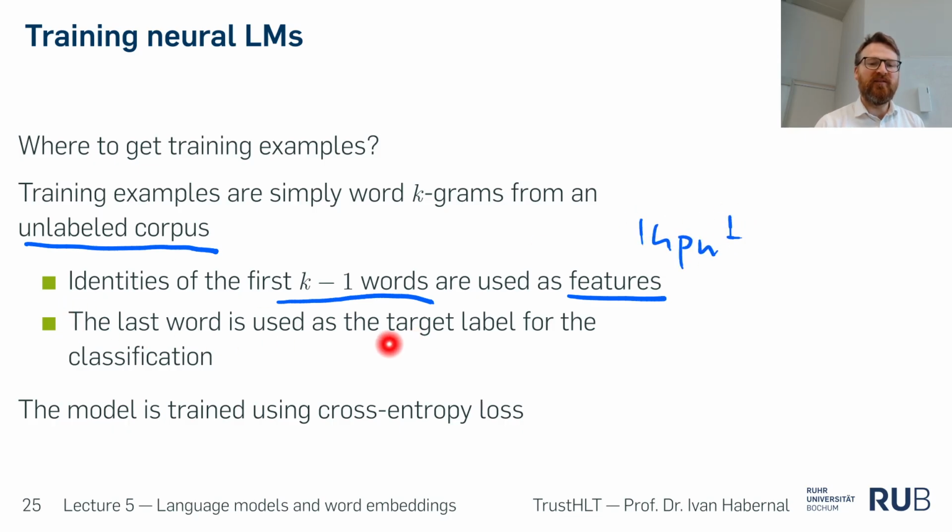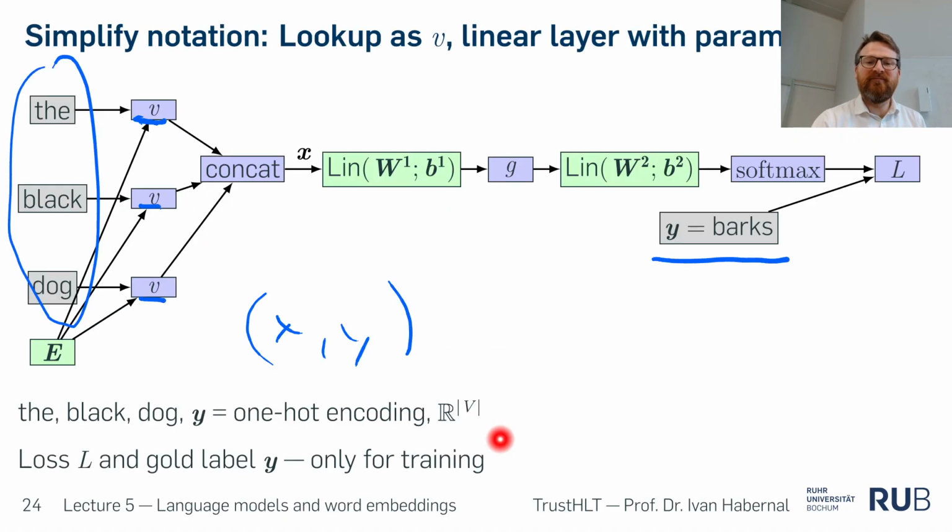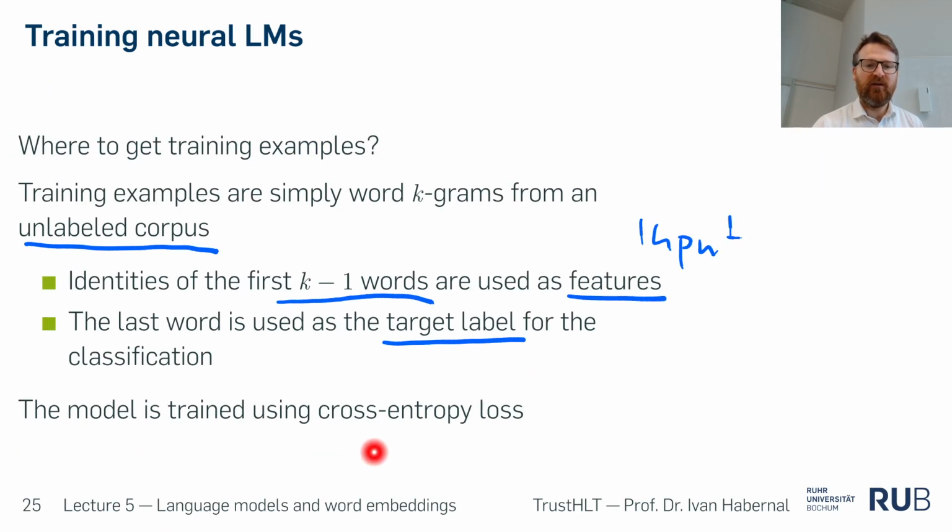And the last word is used as the target label for the classification. Like you start with your Wikipedia and say, okay, so the black dog barks, then take the next chunk, and these will be your training examples. So there will be many of them. Okay? And as we said before, this is our training data, and the loss is going to be the categorical cross entropy loss.